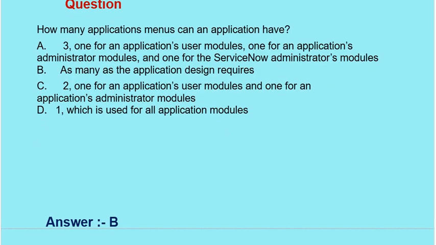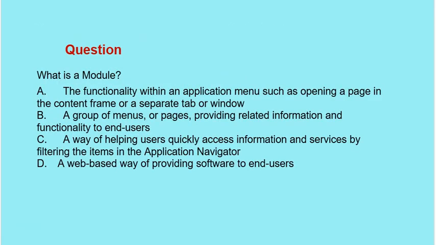Correct answer is option B. Question is, what is a module? Option A, the functionality within an application menu, such as opening a page in the content frame or a separate tab or window. Option B, a group of menus or pages providing related information and functionality to end users.